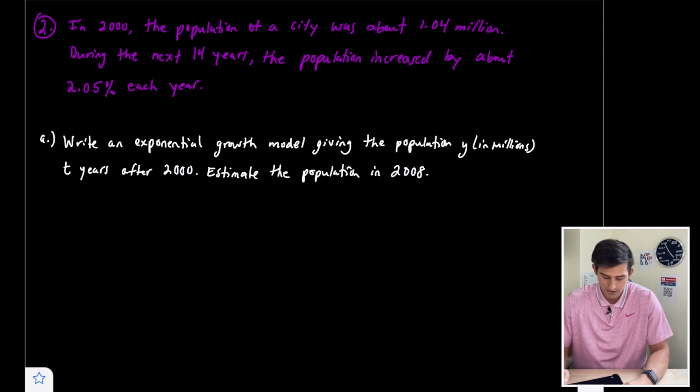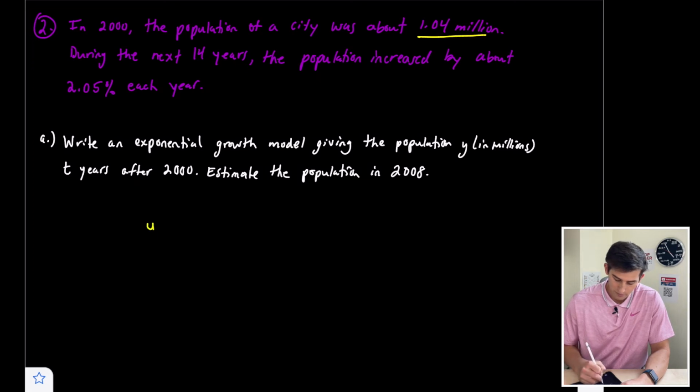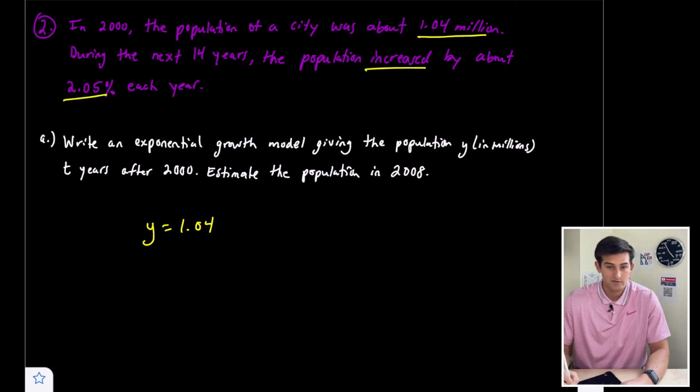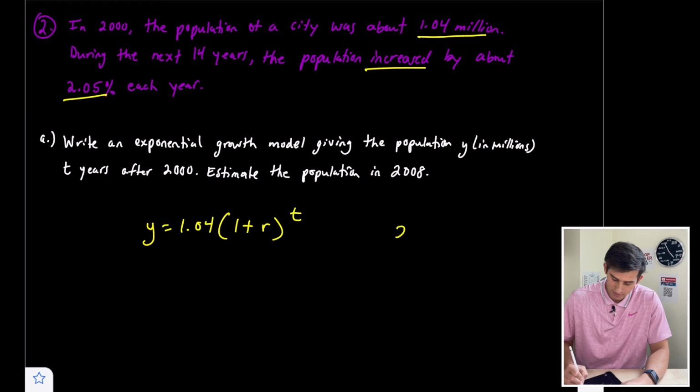So we're going to do two things here. In 2000, we had a starting population of 1.04 million, so a equals 1.04. Now it says the population increased by 2.05% each year. So remember we're going to do 1 plus r, and raise that to the t. We need to write 2.05% as a decimal.